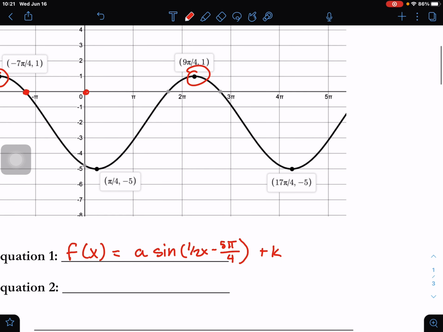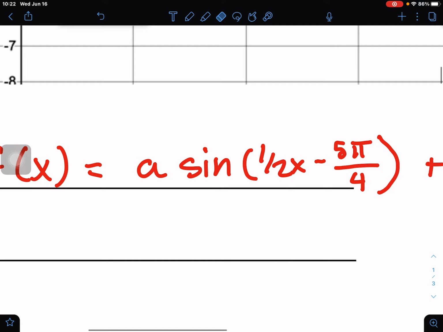Alright, and then if we look at the amplitude, we can see the total distance from top to bottom is not negative 6, is 6. So now the amplitude has to be 3, and normally the amplitude is 1. So we know that this has to be 3, like this.